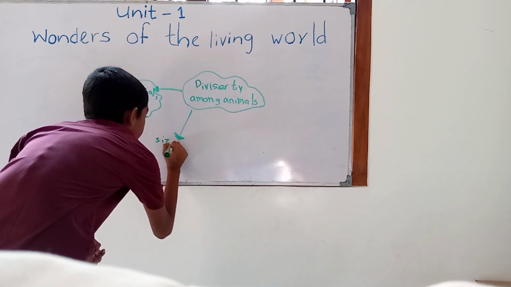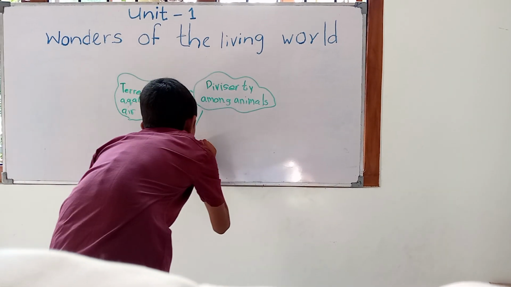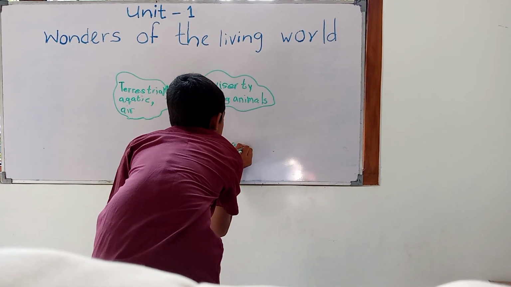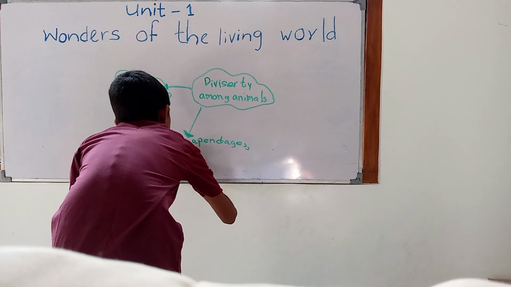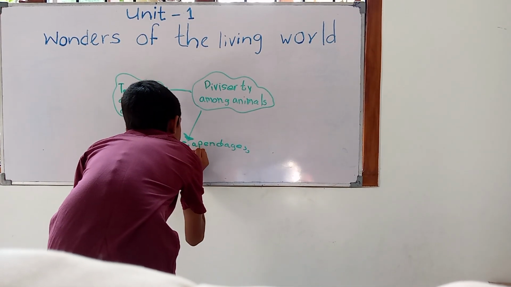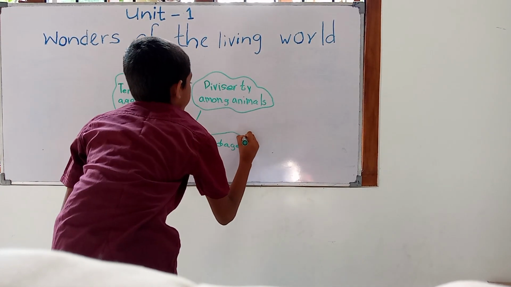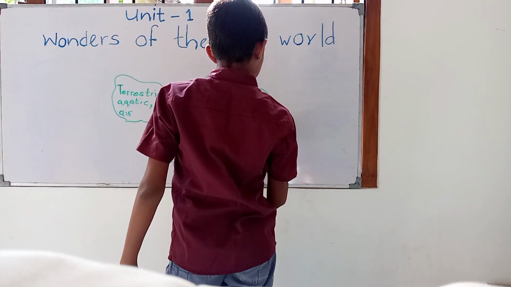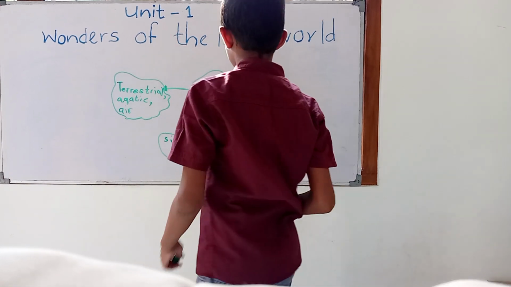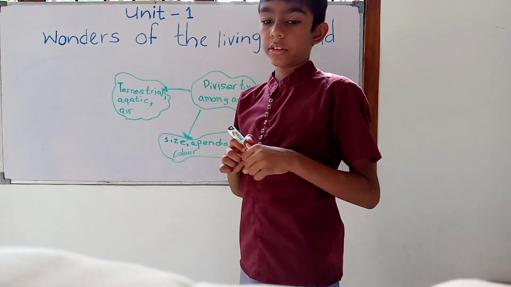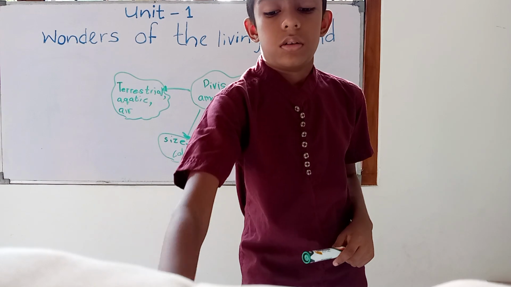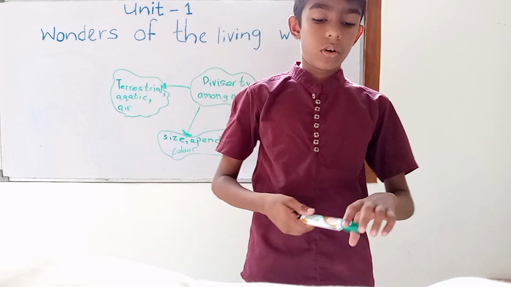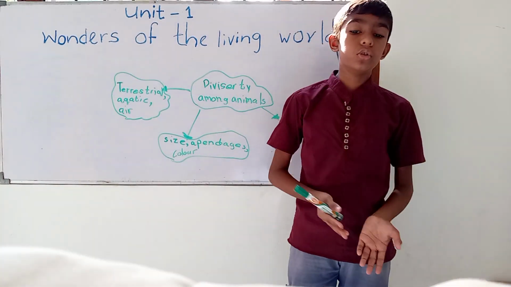So, it is size, appendages, and color. Now, also, we can divide them based on the type of movement.